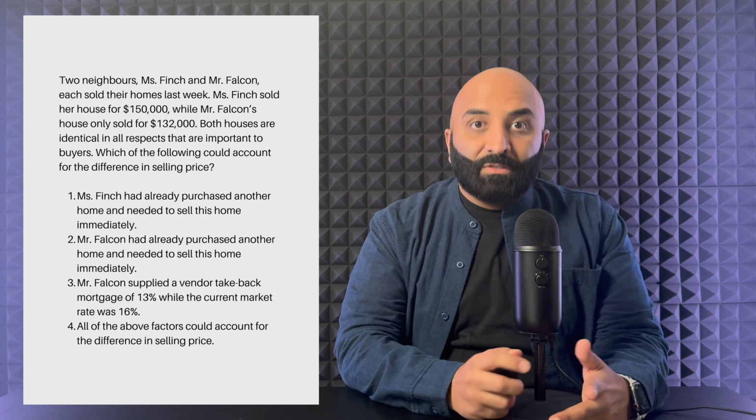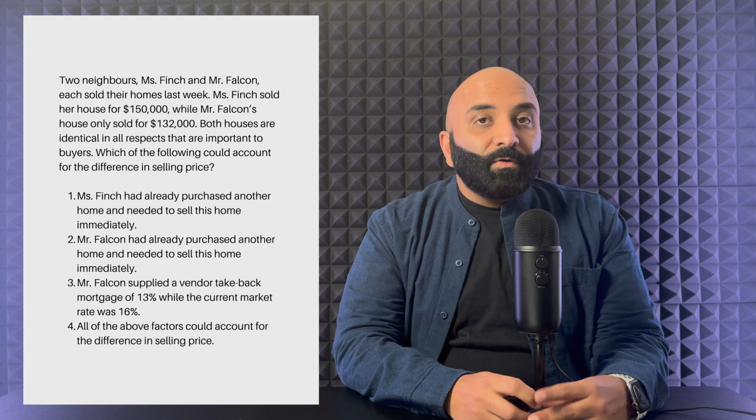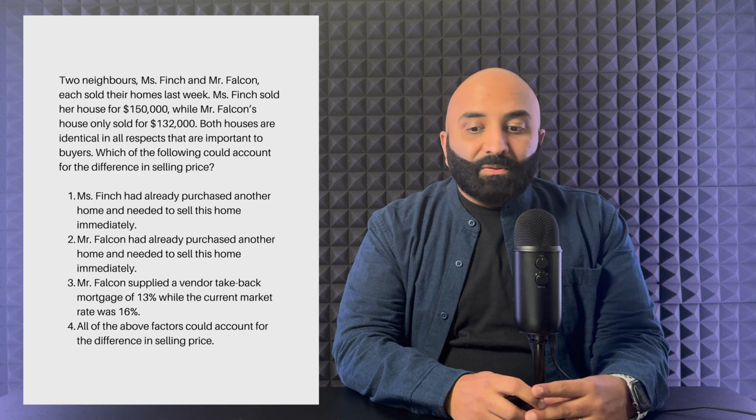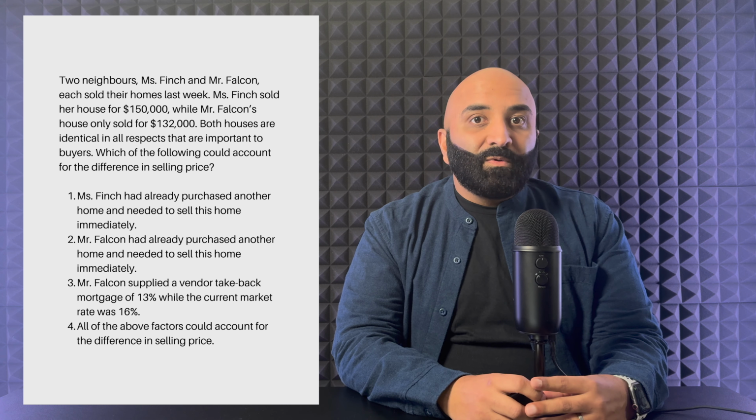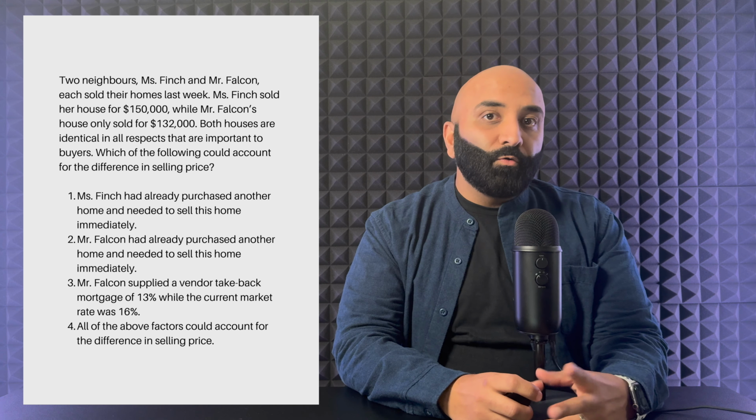Let's look at the others so that we can learn what you might see. The third response says Mr. Falcon supplied a vendor take-back mortgage of 13% when current market rates were 16%. If someone was offering you almost 20% less interest, would that not make you want to pay more for their home to secure that low interest loan? Remember, that's the way vendor take back works.